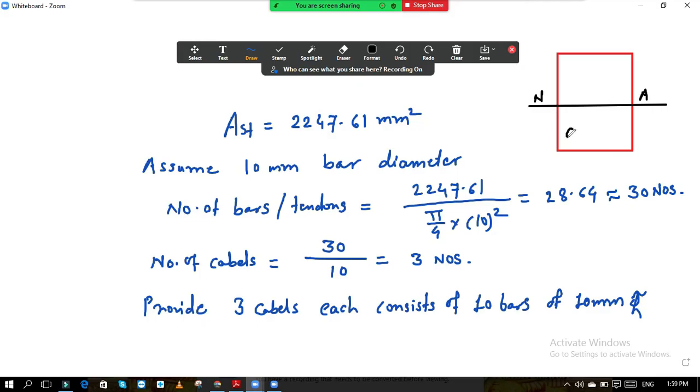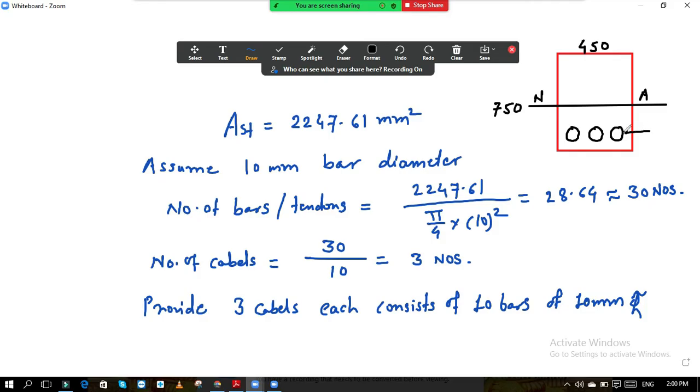So here there is one cable, second cable and third cable, and each cable consists of 10 bars. So total number of cables is 3, with 10 bars in each cable, so total bars are 30. This is the width, which is 450, and overall depth is 750.